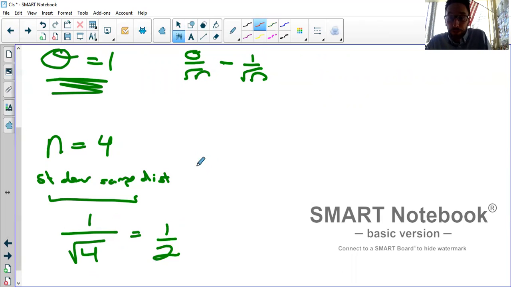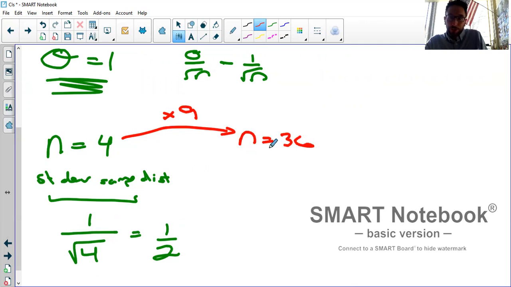Now, what we want to think about is if I increase the sample size, let's say I take a sample that is 9 times bigger. So now my N is 36. What happens to the standard deviation? Well, now for my standard deviation of my sampling distribution, I have 1 over the square root of 36, which is 1/6.